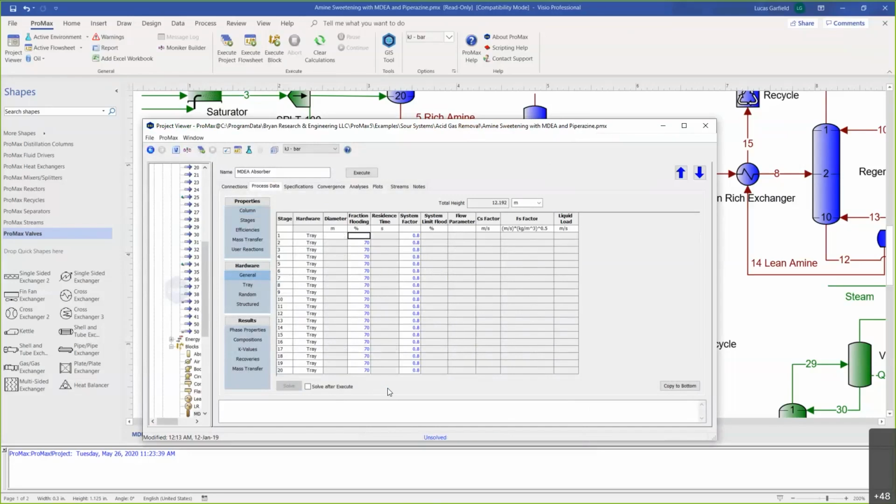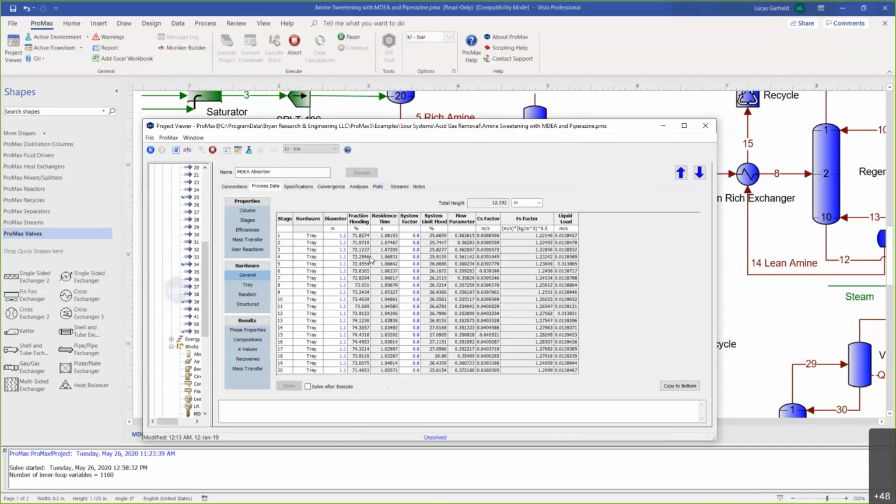But if I wanted to, I could fix the fraction flooding too. This column had about a 1.1 meter diameter. If I execute the column now, ProMax is going to report the fraction flooding. I'm at 70% right now, so that should be pretty safe and pretty far away from weeping and dumping.